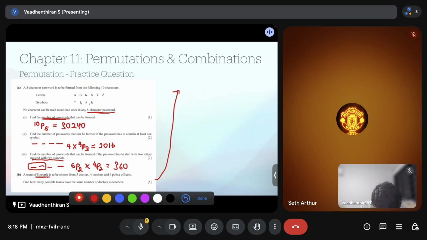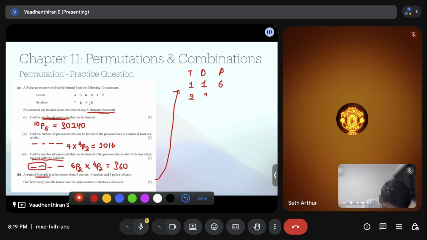So you need to choose 8 people, right? And the same number of doctors as teachers. So let's take one doctor and one teacher, and 6 police officers: teacher, doctor, police officers. So this is one set.